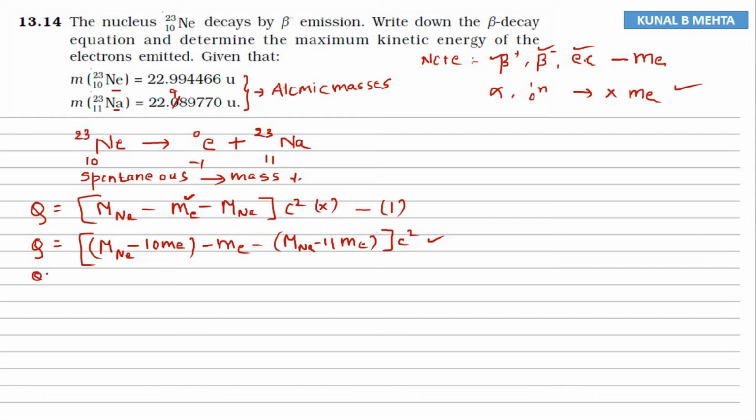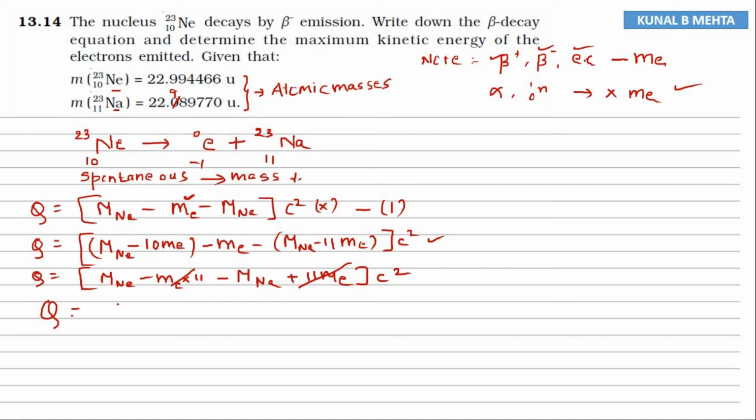So if I open up this bracket, I get the mass of neon minus the mass of 11 electrons, so multiplied by 11, and minus the mass of sodium, again plus 11 times the mass of electron, times c square. As we can see, anyhow they are going to get cancelled.